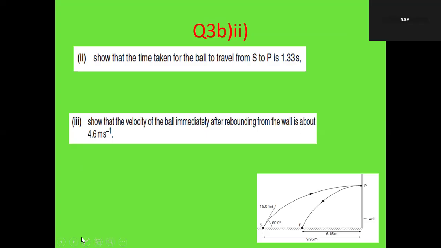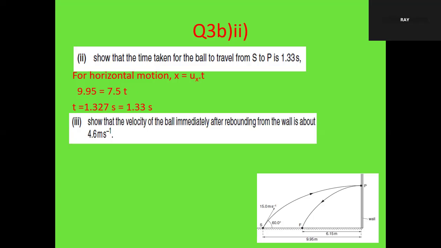Use the H you obtained and substitute inside the formula to find T. You can use that, but it's easier to use the horizontal component. Horizontal component is faster.